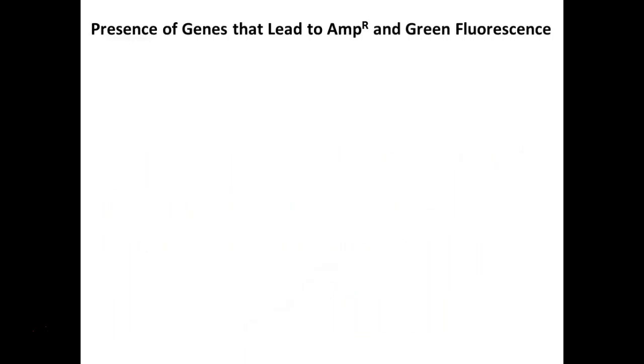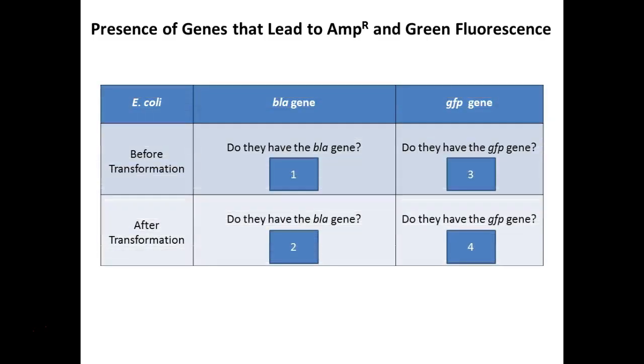Okay, so ampicillin. We already said this enzyme, beta-lactamase, the gene to make that enzyme, they don't have before transformation. We're going to give it to them. Also, when we transform these cells, are they going to have green fluorescent protein before we do this experiment? No. If I was to grab E. coli out of the incubator and shine UV light on it, it's not going to fluoresce.